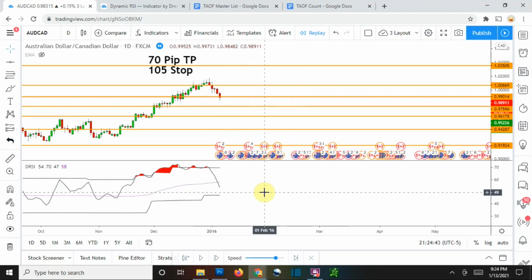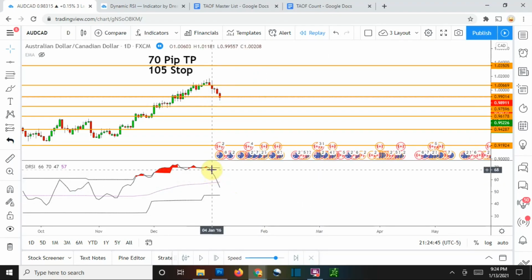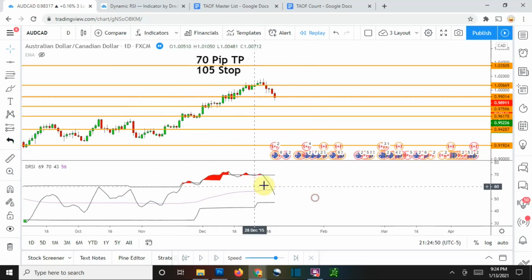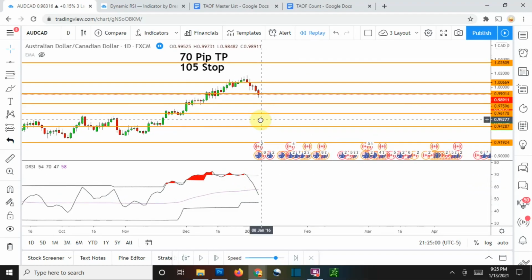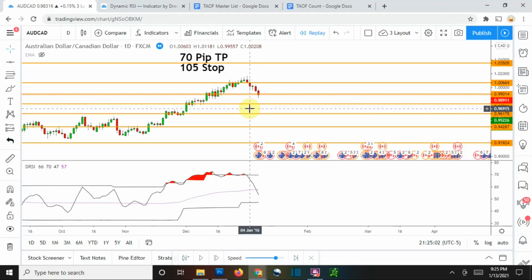So it's right on the line, right on the 70 line right there. And it was December 31st. So this one right here, January 4th, is actually the moment that it crossed back into the area that we're looking for. It crossed back below the 70 line.